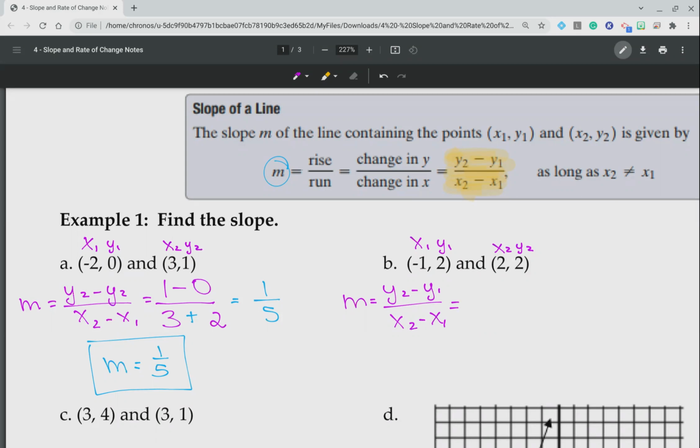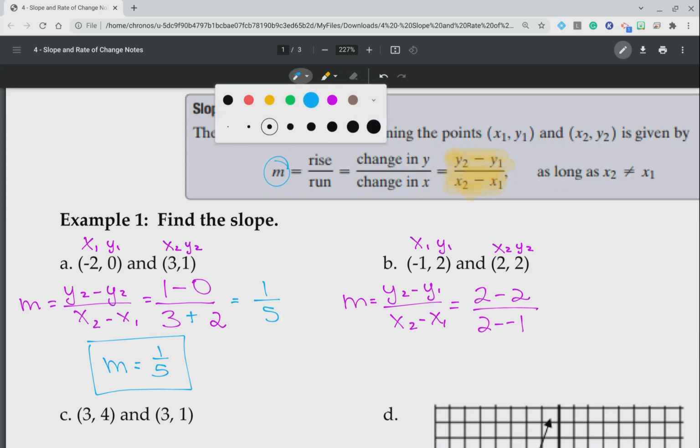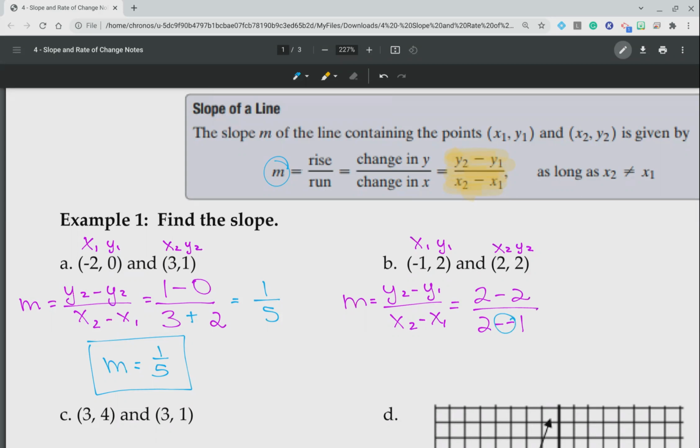All right, so I'm going to have 2 minus 2 over 2 minus negative 1. Now again, two negatives is going to make a positive, so I'm going to change that to a plus sign. And I get my slope to be 0 over 3. Well, if you type 0 over 3 in your calculator, that'll tell you that your slope is just 0.